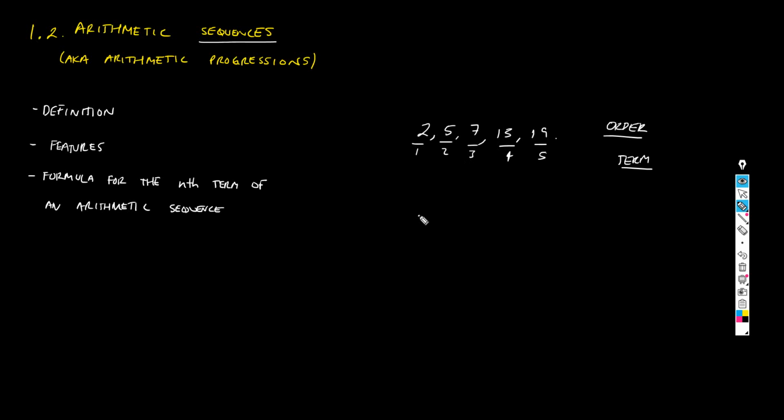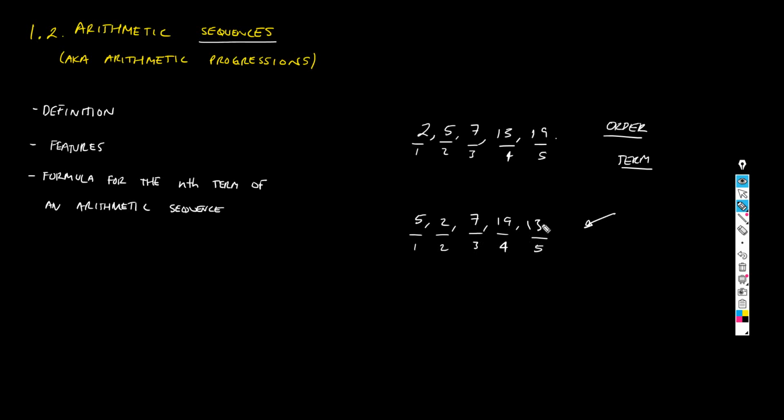For example, if I wrote this other sequence, you see, I have the same numbers as before. Can you see? But now they have different orders. Now my first term is 5, my second term is 2, my third term is 7, my fourth term is 19, and my fifth term is 13.